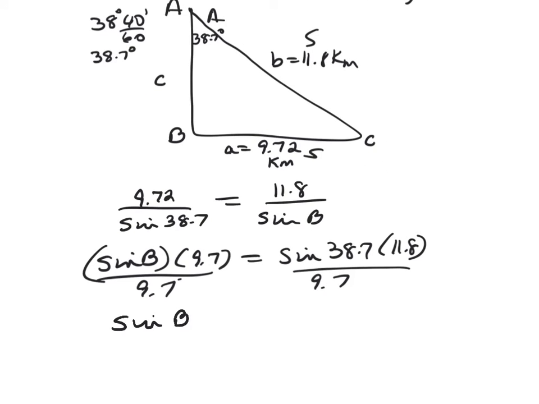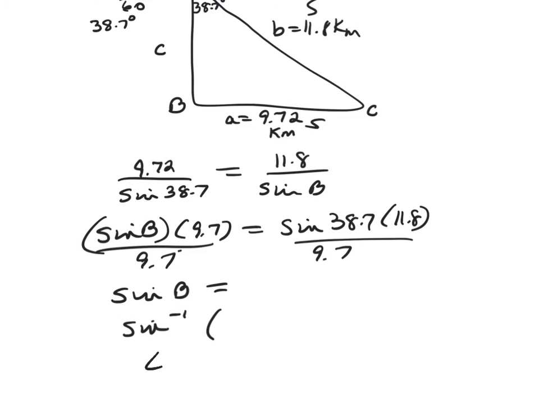Sine of b, and again, remember when we go to do this, I'm going to be doing sine -1 to get angle b. So I'm going to do sine 38.7 times 11.8 divided by 9.72. Okay, so once I divide all this, I get 0.76060446685. Do that inverse, and I get 49.5 degrees.